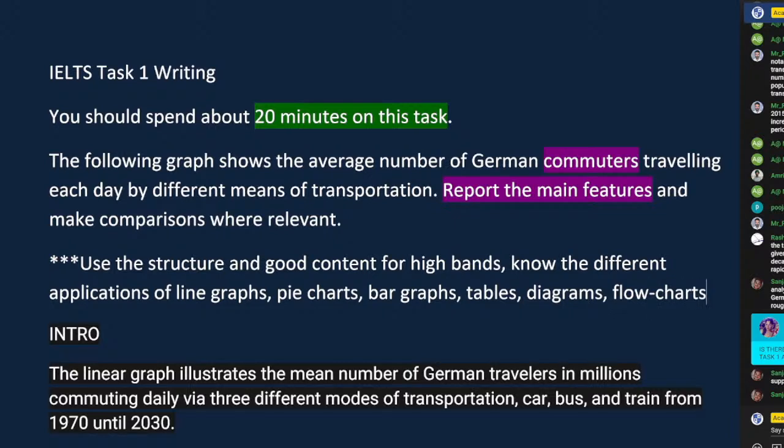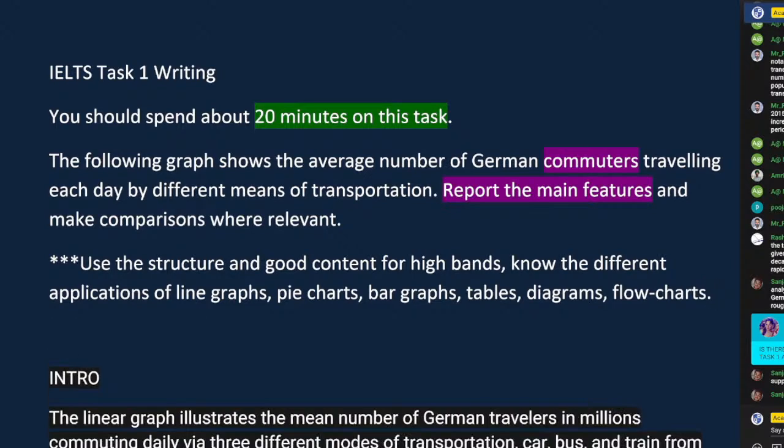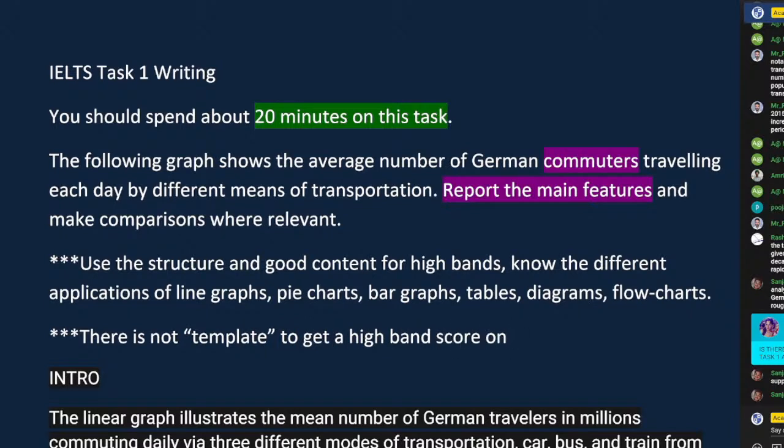Okay. There is no template to get a high band score on the writing section.